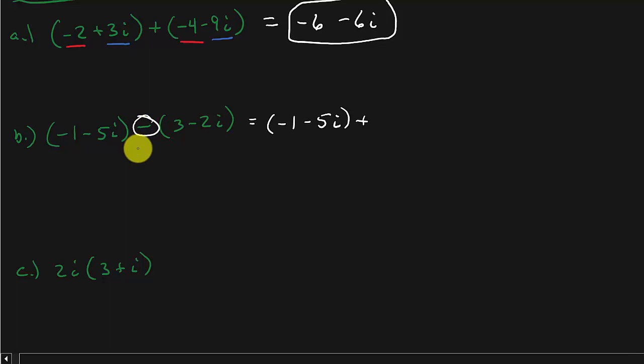Let me just go through what we're doing here, and then I'll explain why I'm doing it. So I'm changing the minus to a plus. And remember, whenever you change a minus to a plus, you have to change the sign of each one of these terms. So that would be -3 plus 2i. And now I can work it like I did problem A.